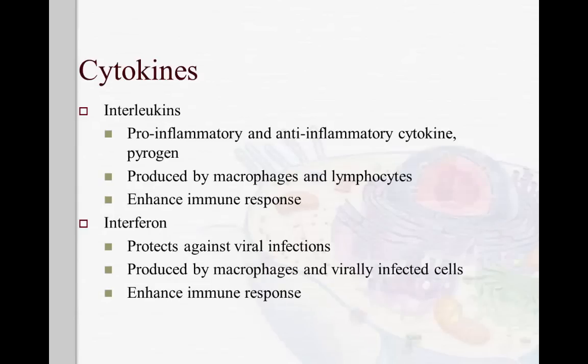Then we have interleukins. Interleukin is a pro- or anti-inflammatory pyrogen. Interleukin produces fever along with tumor necrosis factor. So it's a messenger for macrophages and lymphocytes to be attracted to the area of inflammation and infection, enhances immune response, and participates not only in the innate but also in the adaptive immune system.